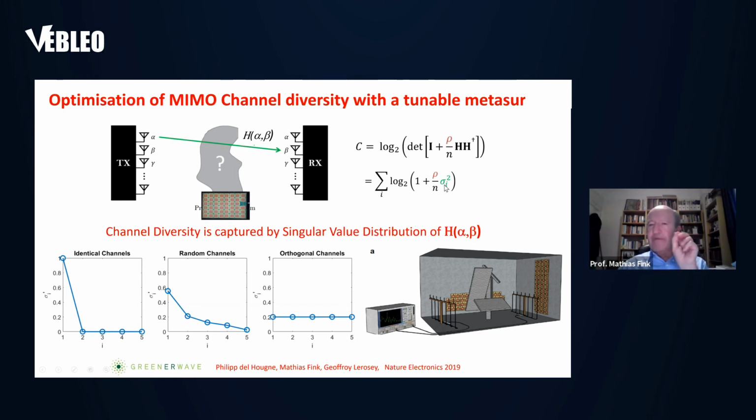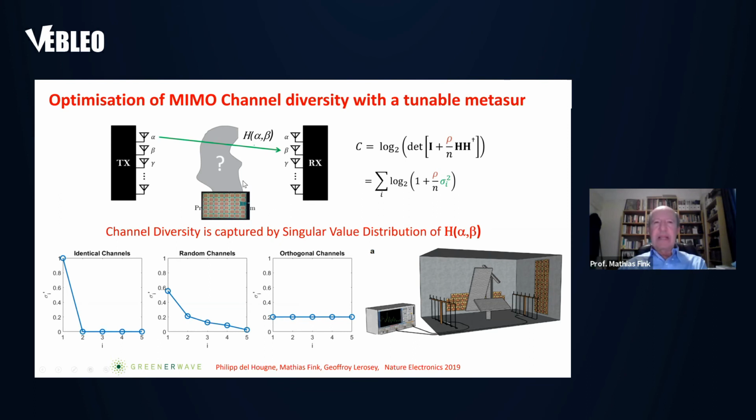What I want is to have the maximum number of singular values, and I want to have all the singular values equal, because when I have all the singular values equal, the Shannon capacity becomes maximum. And I can have an algorithm that changes the configuration of my room and of my multipath to maximize the Shannon capacity.